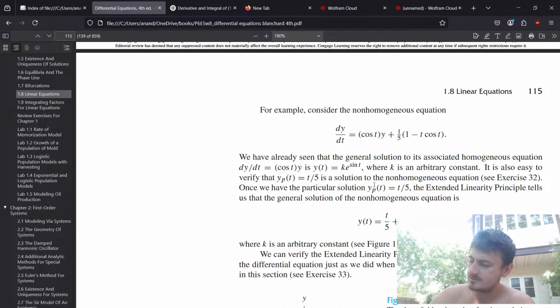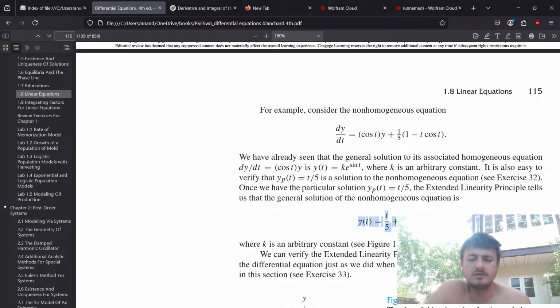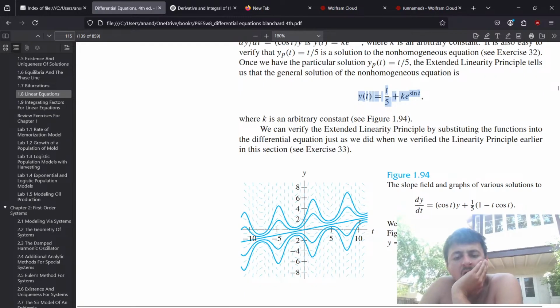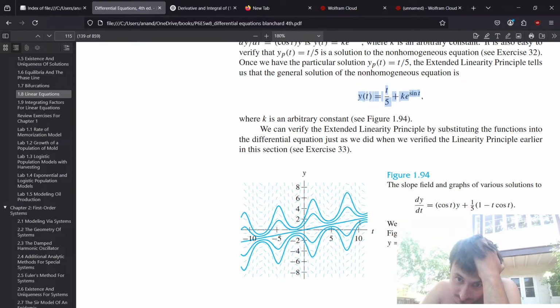So the general y(t) is equal to k e to the sine t plus t over 5. Wow, that's really weird, man.